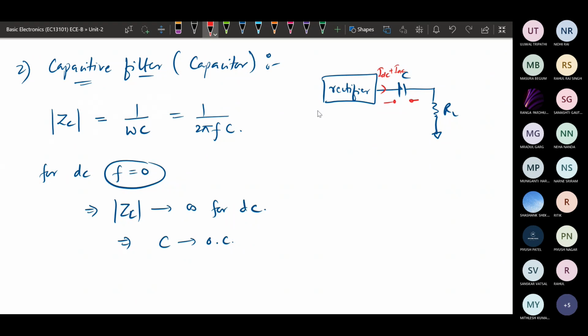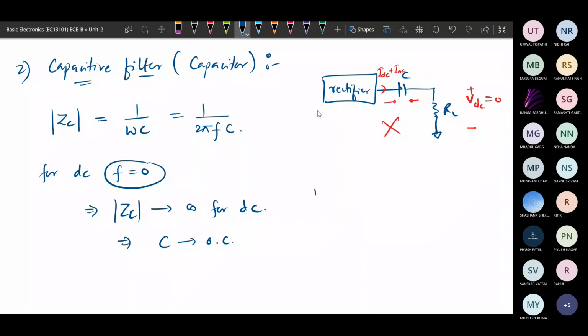So the output that we get through the load resistance will be 0. The DC value output will be 0 because no DC is passing. So we need not connect this capacitor in series with this resistor, and we will not be using this configuration.